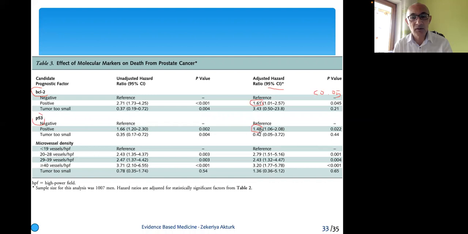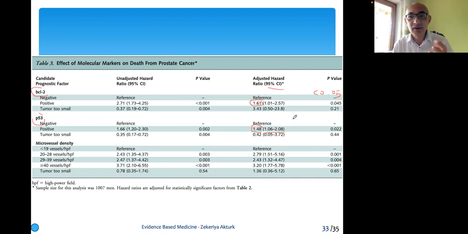The risk is lower, 1.48, and the confidence interval, look please, we expect the confidence interval to be narrow to claim a precise measurement. Here, in both cases, the confidence intervals are not that narrow. It ranges from 1 something to 2 something.